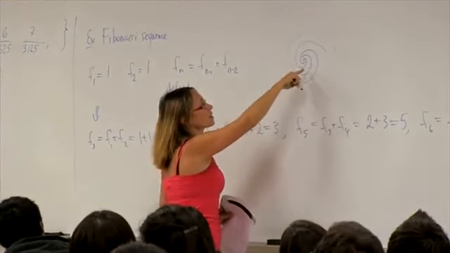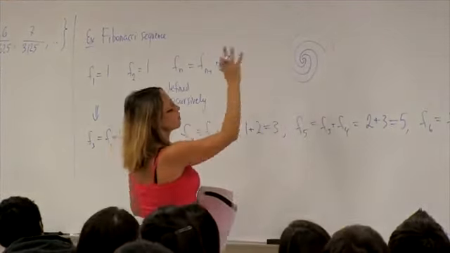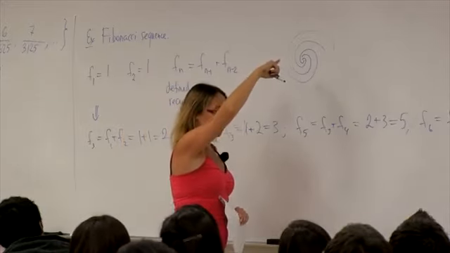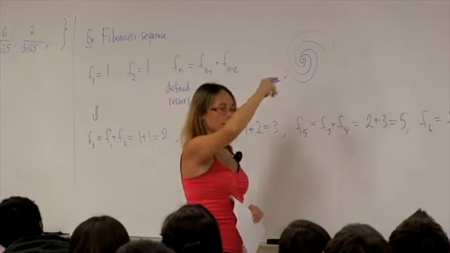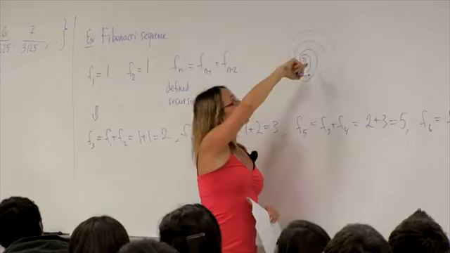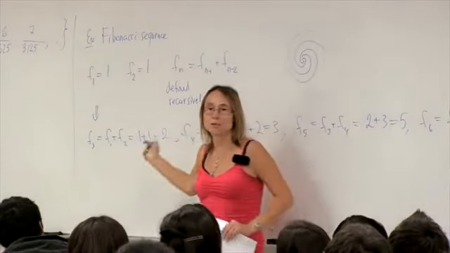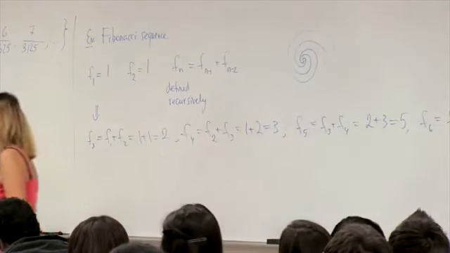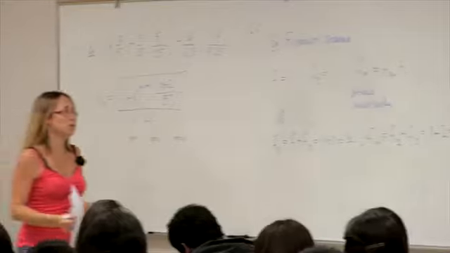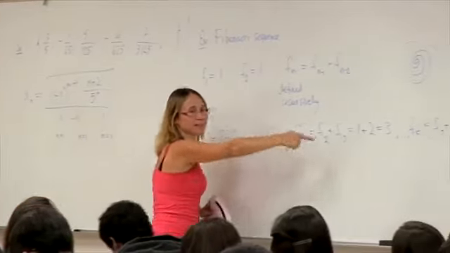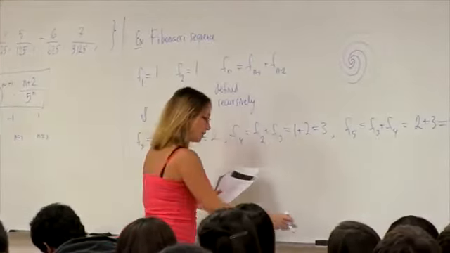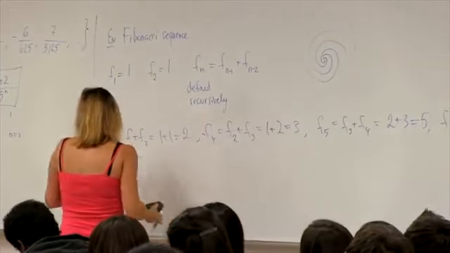So this is like looking at the sunflower or a pine cone from the top. It turns out that these spirals are described by Fibonacci sequences. Many scientists are trying to explain this universal pattern in nature. Why does nature like this sequence so much? There are many interesting explanations of that.